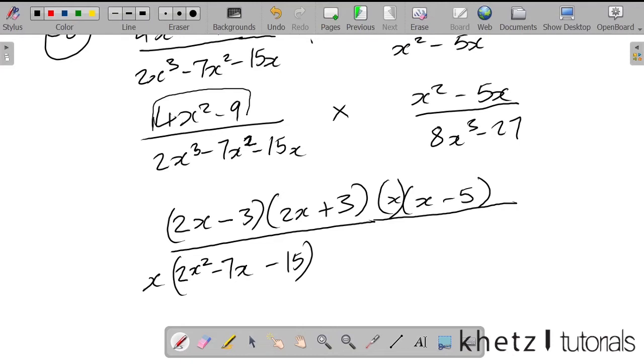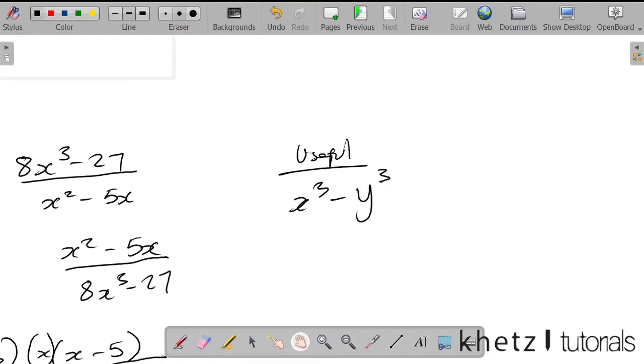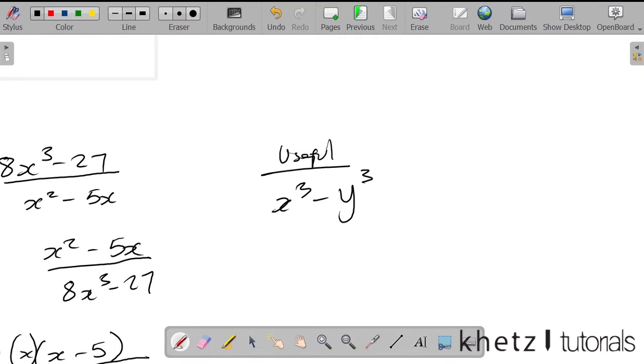Then at the bottom, for now, we can leave it as it is, or we can apply another useful formula. If you have a difference of cubes, here's what you do. You say the cube root of the first term subtract the cube root of the second term.